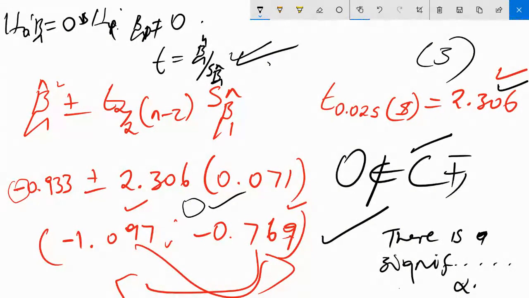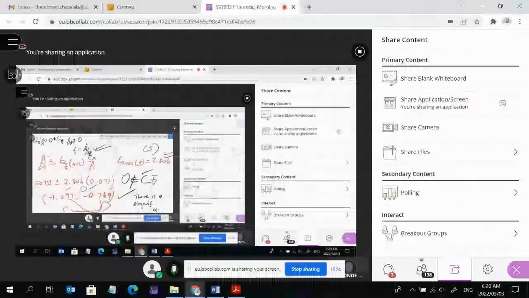In this case, 0 is not part of the interval, so it's simple like that. Since 0 is not included in the interval, the regression slope is not equal to 0, so there is a relationship between X and Y at the 5% level of significance. Are you answered?